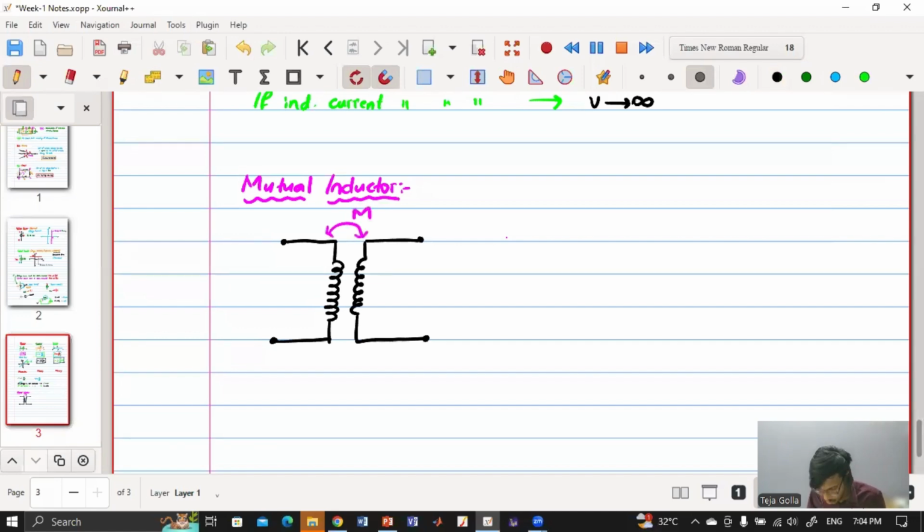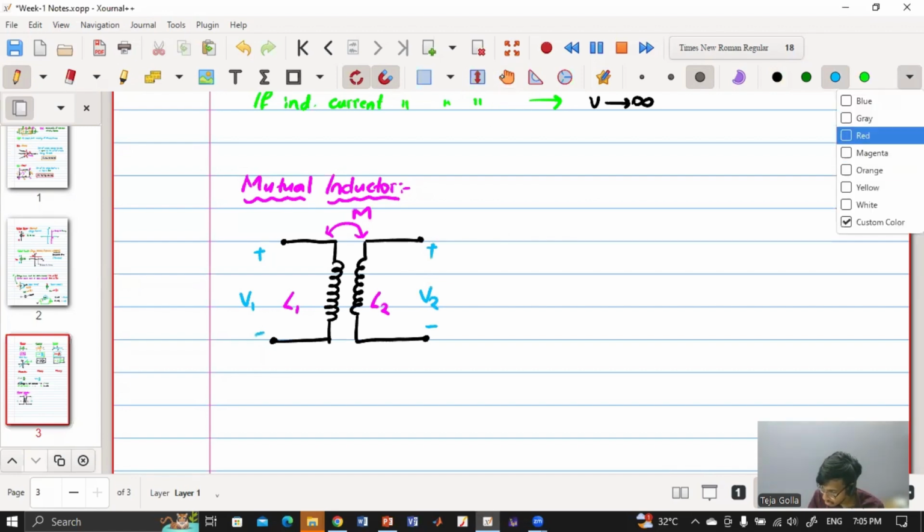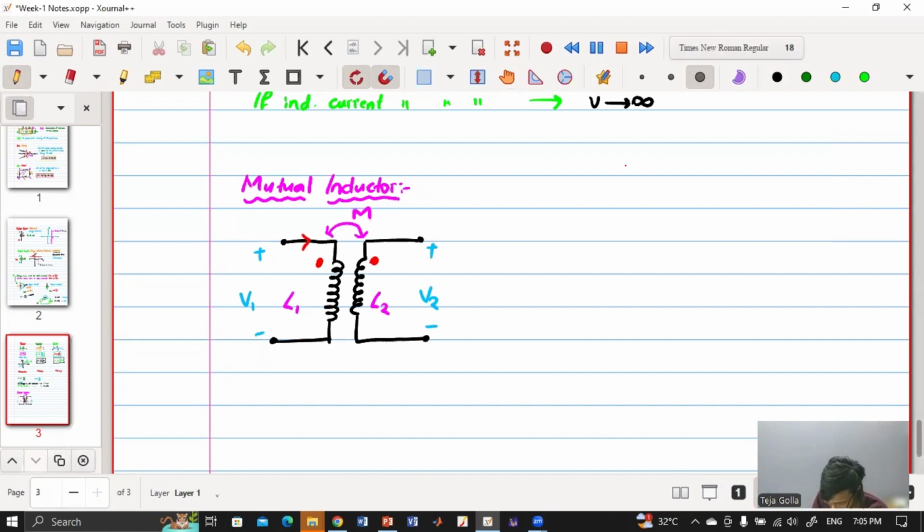The mutual inductance is represented by M, and the self inductances by L1 and L2. Here we have voltage plus minus V1, and here voltage plus minus V2. There is something called dot convention, which is very important. Say the current is I1 here and the current is I2 here. Why is the dot important?